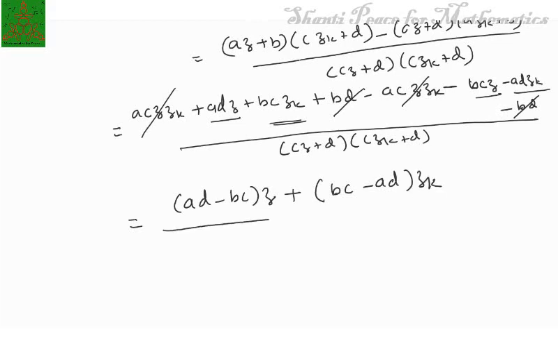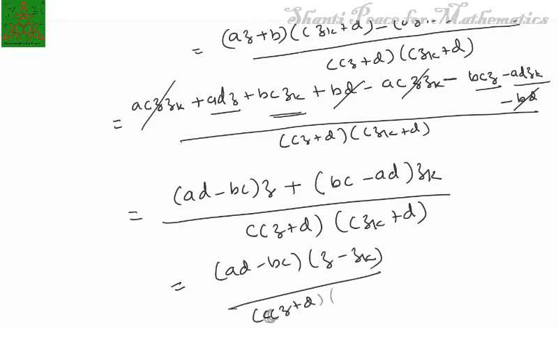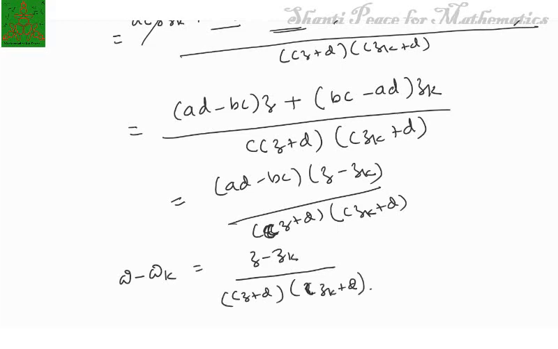So we have (AD minus BC) into (Z minus Zk) upon (Cz + D) into (Czk + D). Since we have assumed AD minus BC is equal to 1, we have W minus Wk equal to (Z minus Zk) upon (Cz + D) into (Czk + D). So this expression we can have.